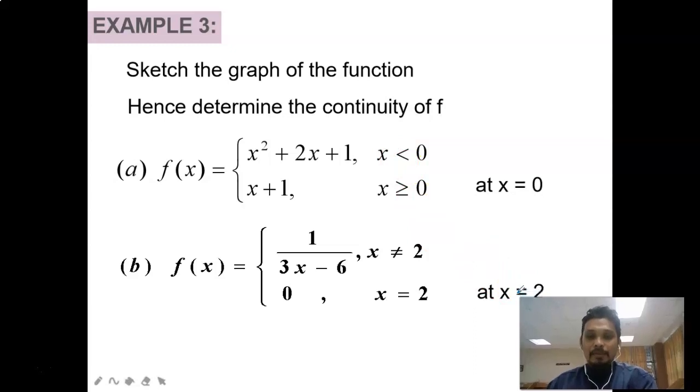Okay, now, look at this one here. Determine the continuity for these two graphs here.